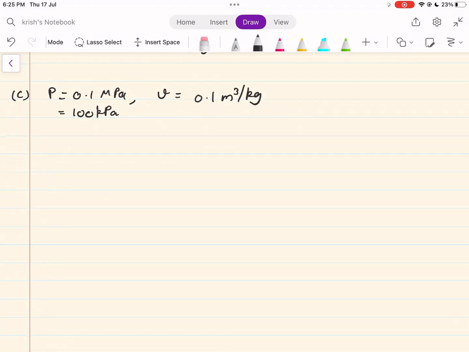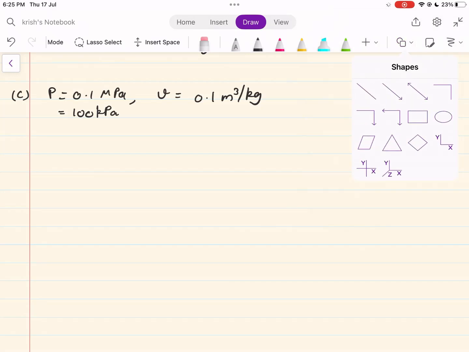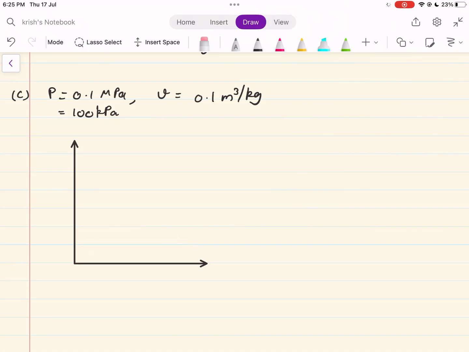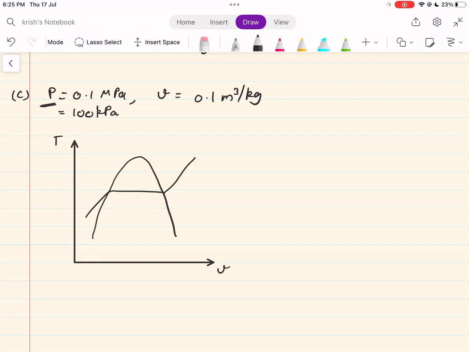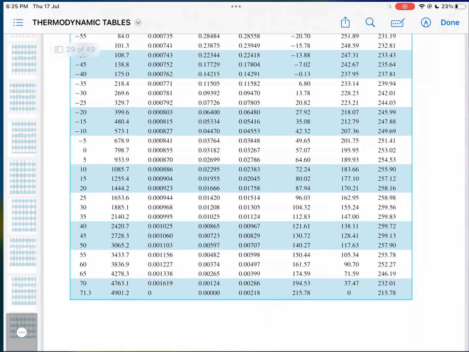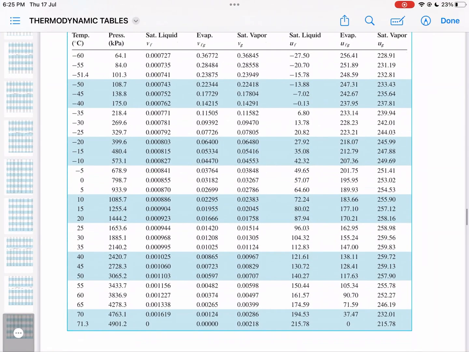I hope you attempted to solve that. At 100 kilopascals, and a specific volume is given to be this. As we are given P, we will be drawing a TV diagram, and this is a 100 kilopascal line. Now we're gonna face some issue, because we know only the temperature and the corresponding pressure.